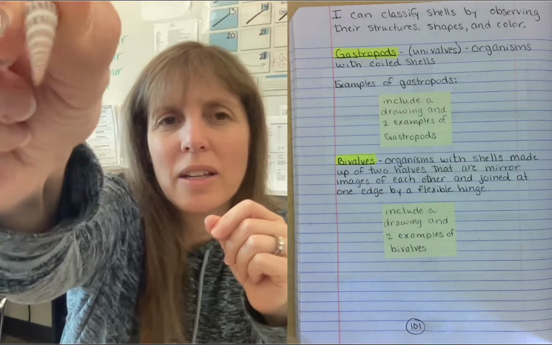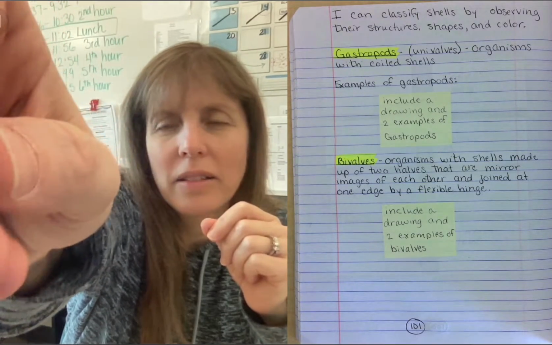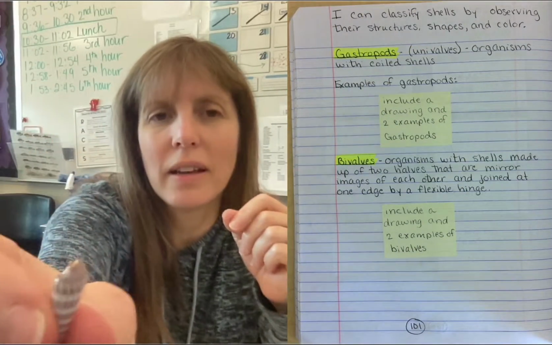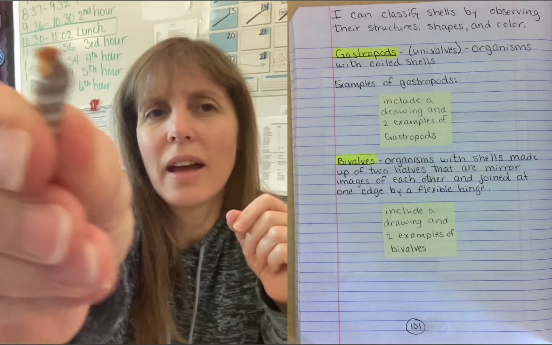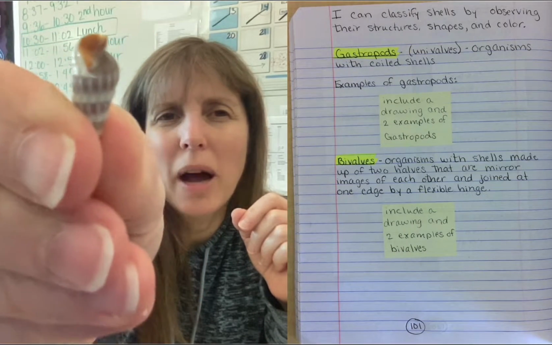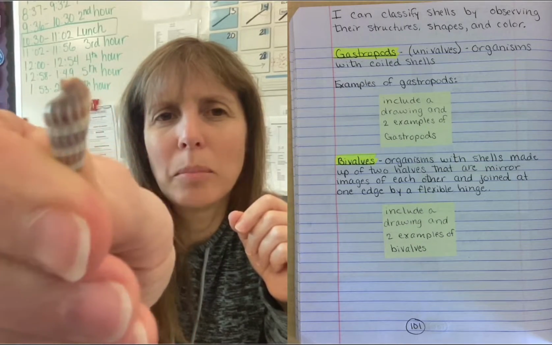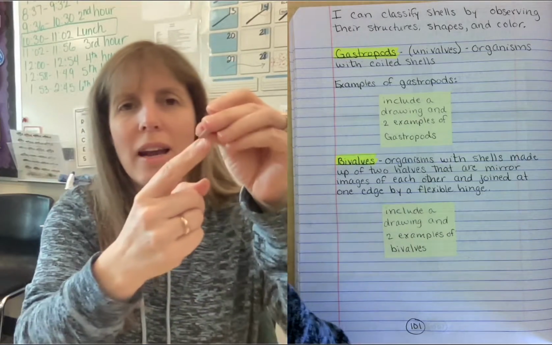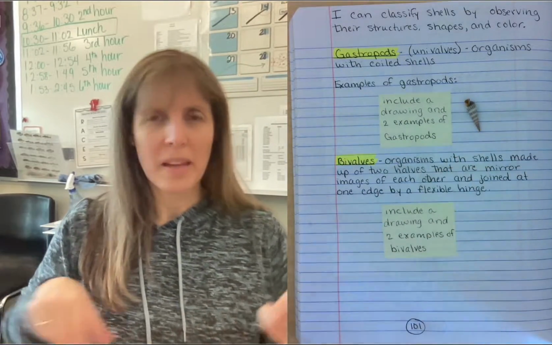See how it's pointed and twisty? And the little critter that lived in there lived right in that spot. And it had a little foot that came out so it could walk around. And its body just connected at the very point. This auger. Kind of cool.